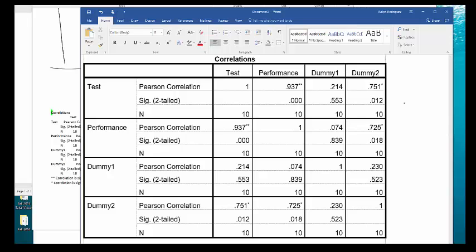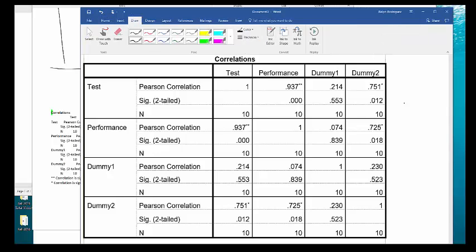So what kinds of things can we notice about a correlation table? Here are some things that we should be able to notice.